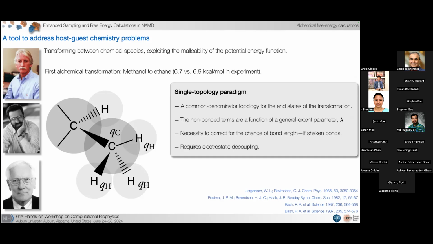You need to adapt the bond length, because you're going from a CO bond to a CC bond, so 1.4 to 1.55, and you need to correct for that. Usually we do electrostatic decoupling, meaning that you make your van der Waals parameters grow first before you grow your charges, because you don't want naked charges, which is conducive to instabilities in your trajectories.